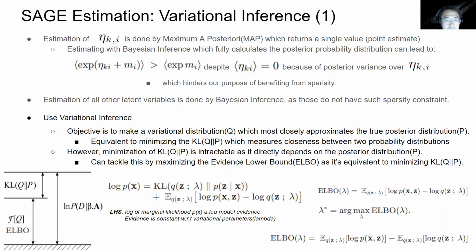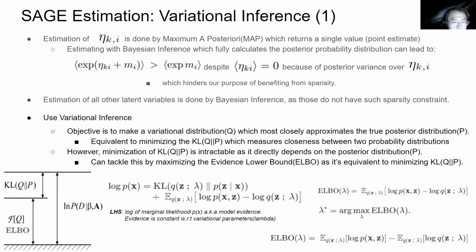But the problem is that calculating this KL divergence right away is intractable, because the equation itself directly depends on the posterior distribution, which we want to know but can't right now. So how do we tackle this?